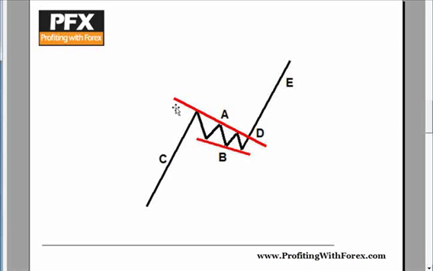They're going in the opposite direction of the previous trend. If this were a bearish wedge, you would see the previous trend would have started at the top, been coming down. The wedge would go in the opposite direction of the prevailing trend, and then it would break back out and start moving lower. So these consolidation periods are where we find all of our price patterns. Price patterns really are consolidation.